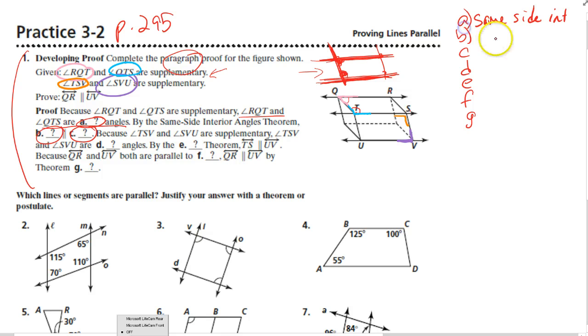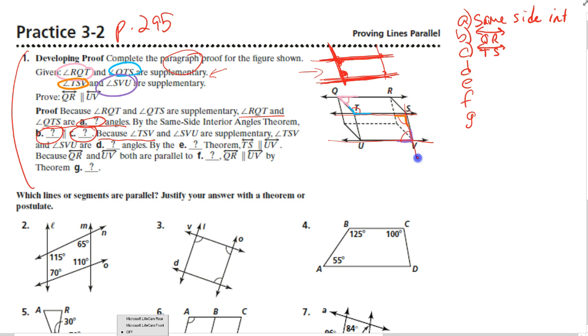So the first blank is for QR, and the second blank is for TS. Let's keep going, because TSV and SVU are supplementary. TSV and SVU. So now I'm looking at this front side of the stick of butter.